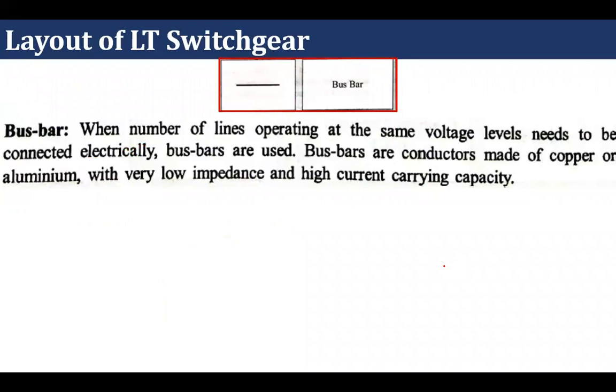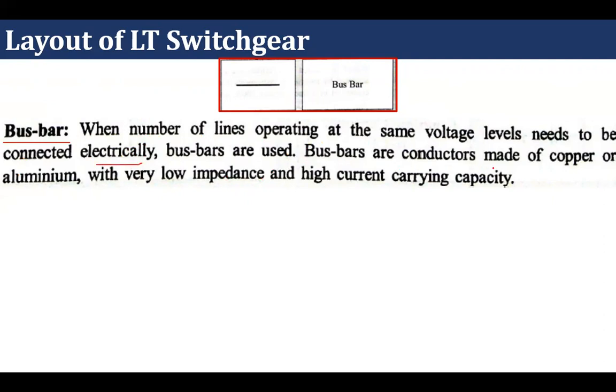Now we'll see the different terminology or different components which are used particularly in power system, which are the part of switchgear. First one is bus bar. When number of lines operating at the same voltage level need to be connected electrically, bus bars are used.